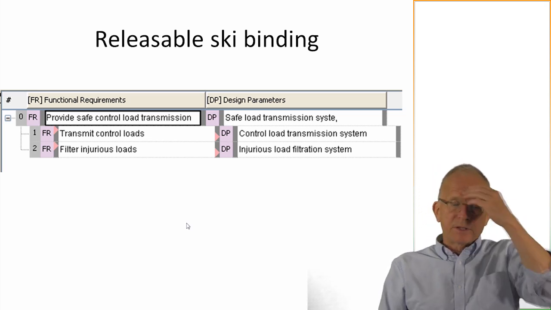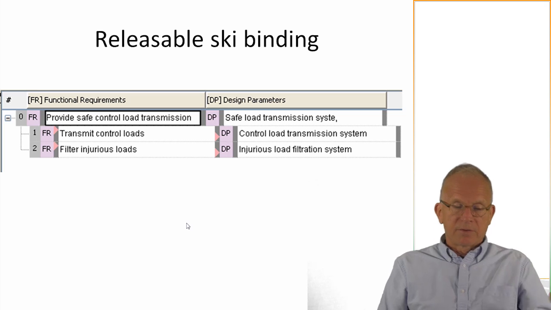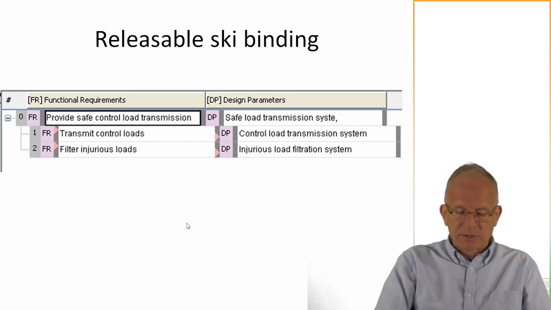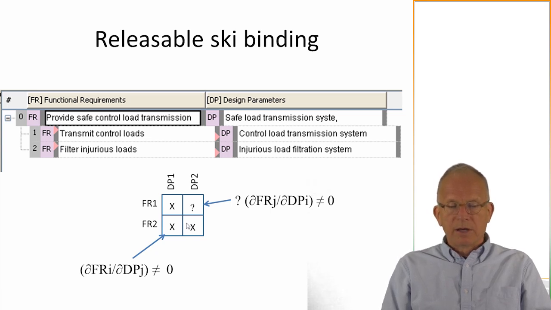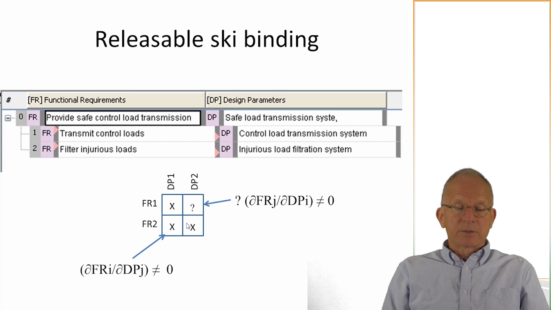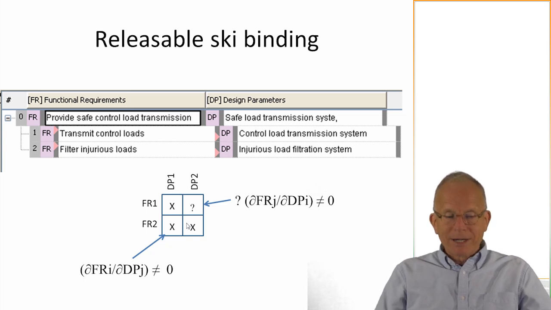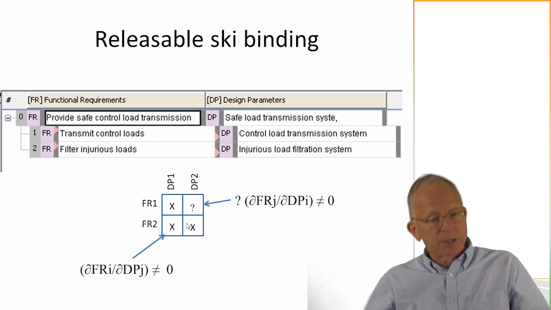So in the first time of the DPs, we're just talking about systems. And again, we have this, so DP1, the control load transmission system, often interacts with the filter injurious load system. And so the question is, does the DP2, the injurious load filtration system, interact with the transmission of control loads?